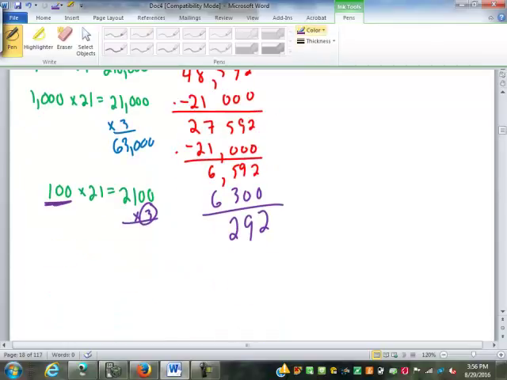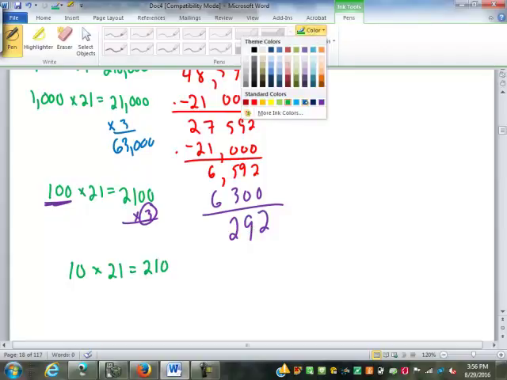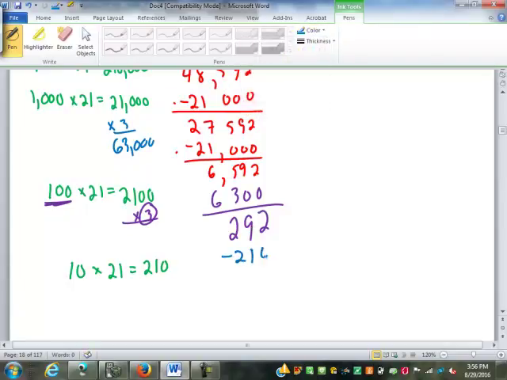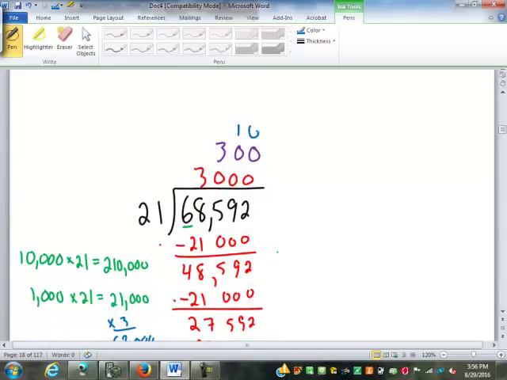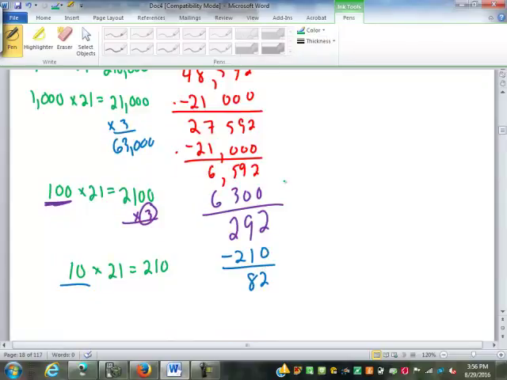Next place value is 10. 10 times 21 is 210. Can I subtract that from what's left? Yes. In fact, I can only do it once. So I just subtracted 1 bundle of 10, or just 10 more times. My last place value is going to be the ones. 1 times 21 is just 21.